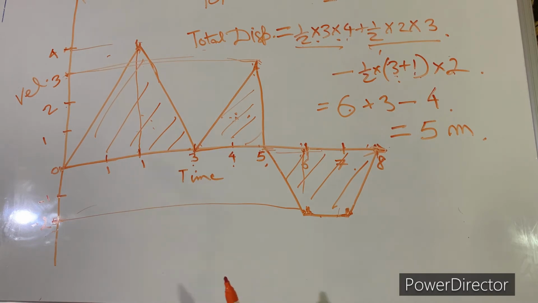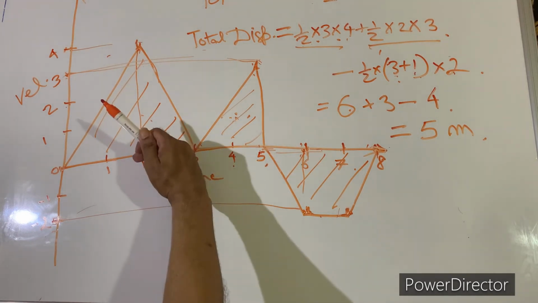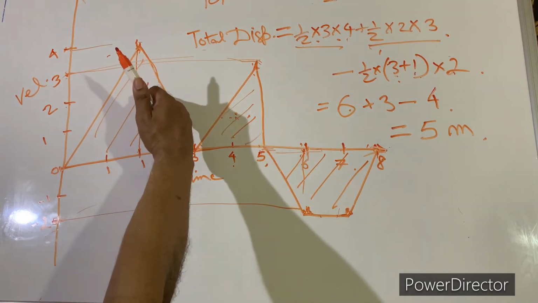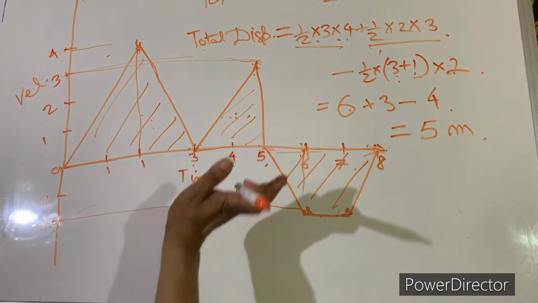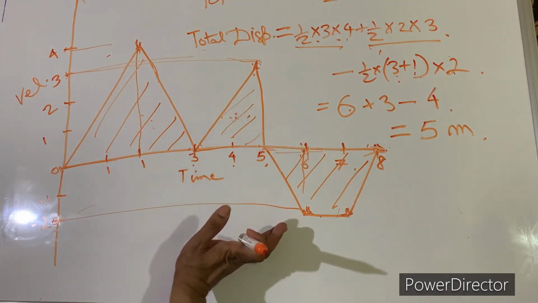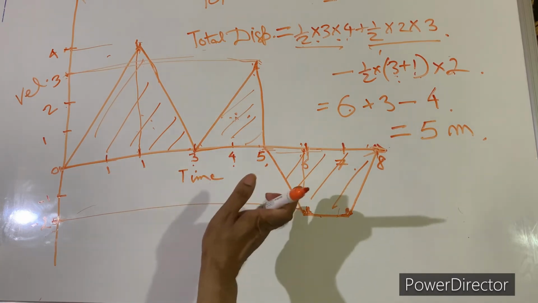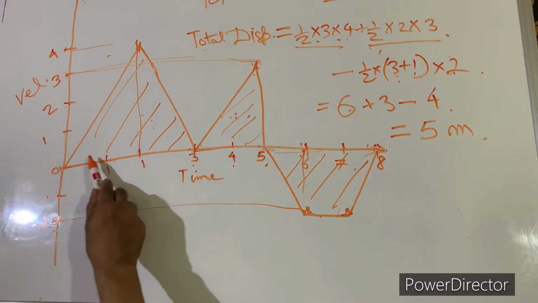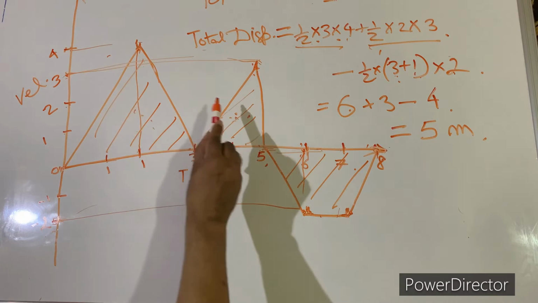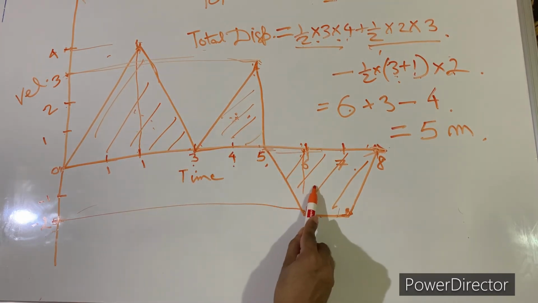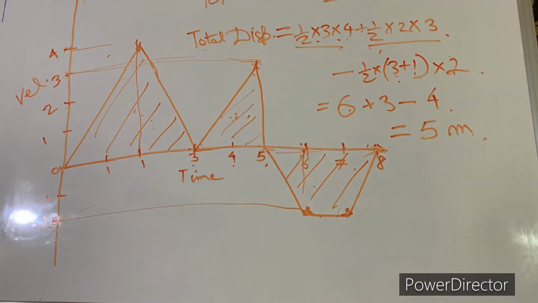Hence in case of displacement, whatever is on the positive side of the y-axis will be added and whatever is on the negative side of the y-axis has to be subtracted. Therefore the total displacement of the body will be from the sum of this area plus this area minus the area of the trapezium.